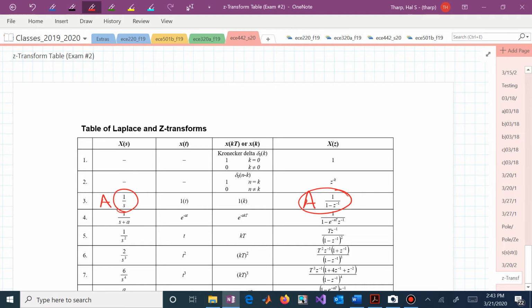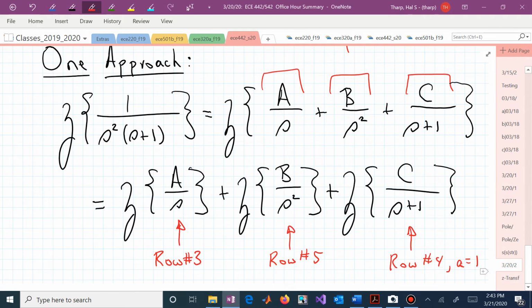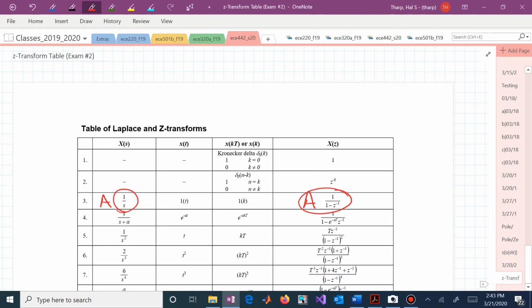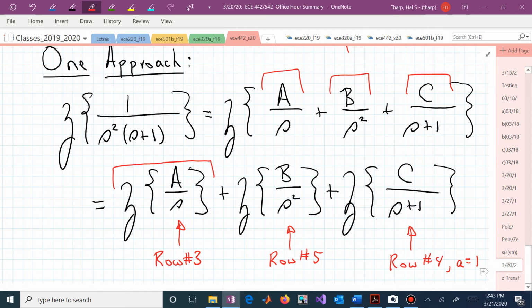When I take the z transform of A over s, now you can replace that with this A over 1 minus z to the minus 1. That's why I'm saying, oh, that's just row number 3.